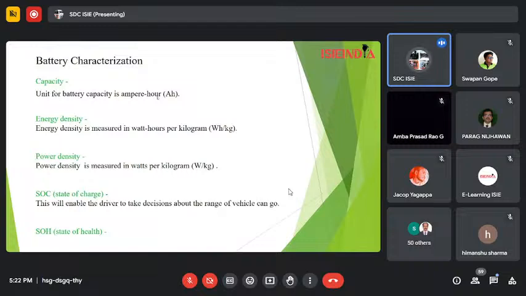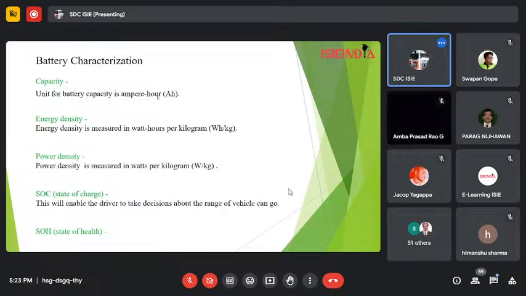How much energy we can store inside that battery pack, or how much electrical capacity that battery pack is holding, is nothing but the unit of battery capacity, ampere hour, Ah. Energy density is measured in watt hour per kilogram. So how much energy we can store per unit kg of that battery pack.